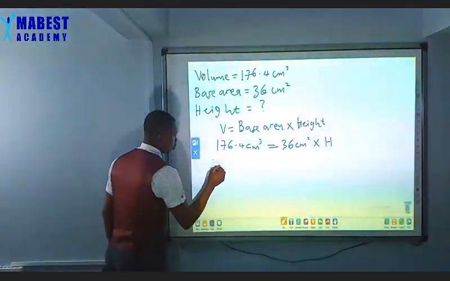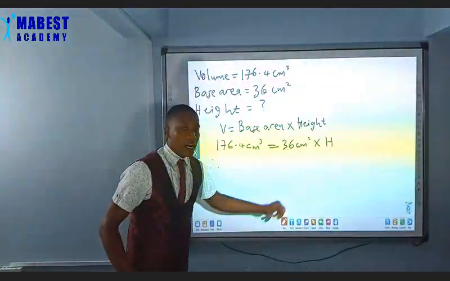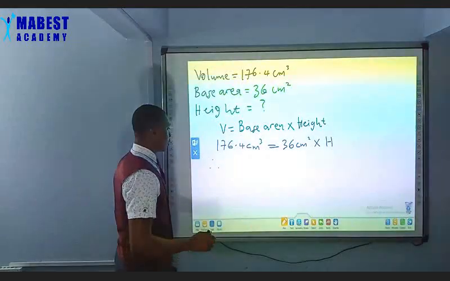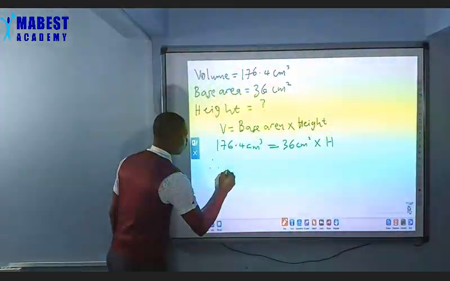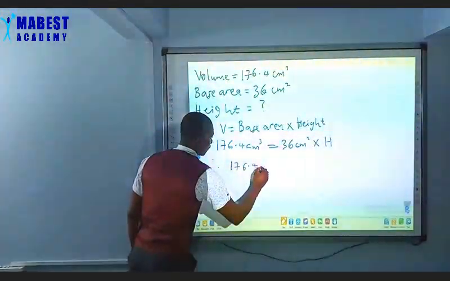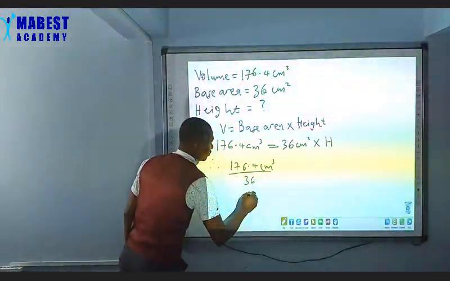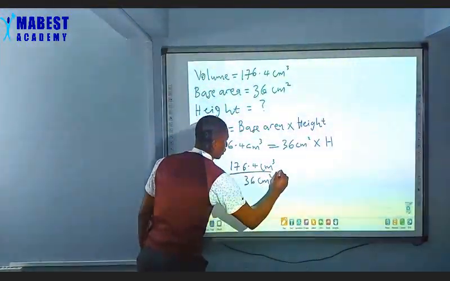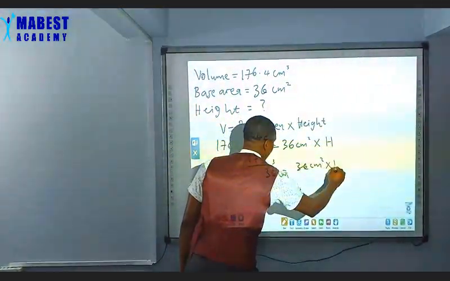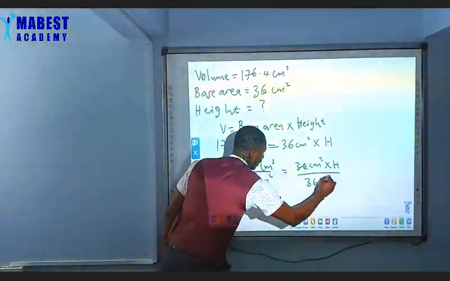Therefore, who can tell us what you want to do? We are looking for height, and you know the volume and the base area. Therefore, you divide both sides by 36 centimeter square. That is 176.4 centimeter cube divided by 36 centimeter square, equals 36 centimeter square times height over 36 centimeter square.